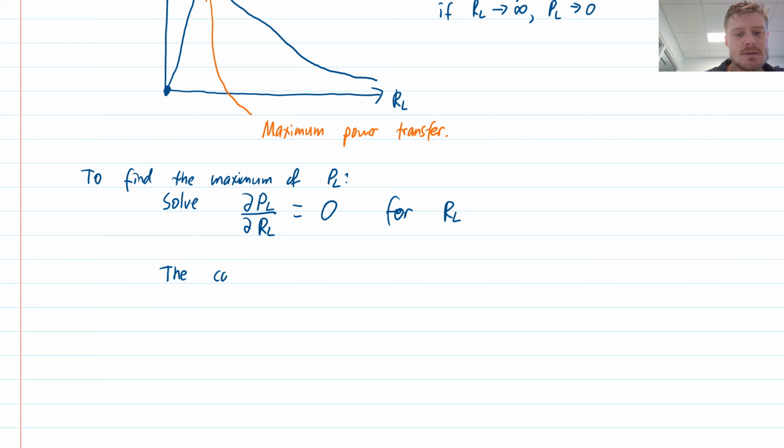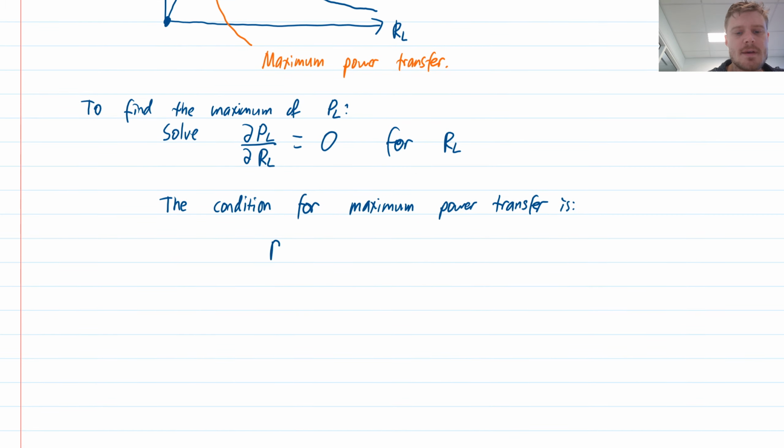The condition for maximum power transfer is that the resistance of the source is equal to the resistance of the load.